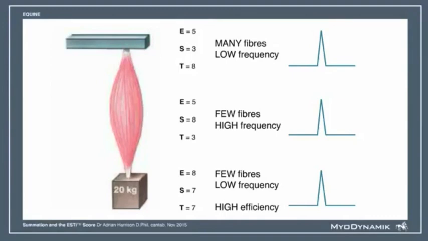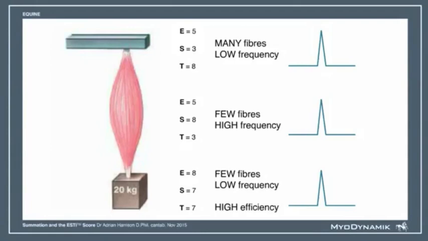The lower panel illustrates what happens typically after a period of training, where the E parameter, which represents the efficiency or synchronization of active fiber contraction, is greatly improved. Thus, activation of only a few motor neurons and at a low firing rate, which will be seen on the CURO system as an ESTi-score with a high S and T parameter, in this case both 7 out of 10, occurs at a high degree of efficiency.